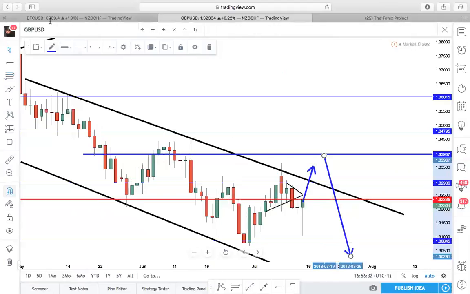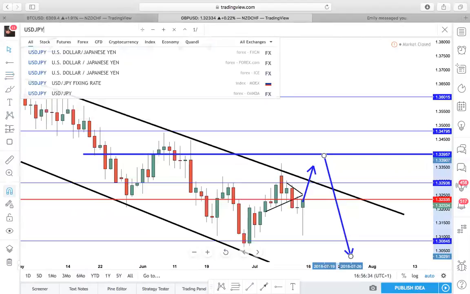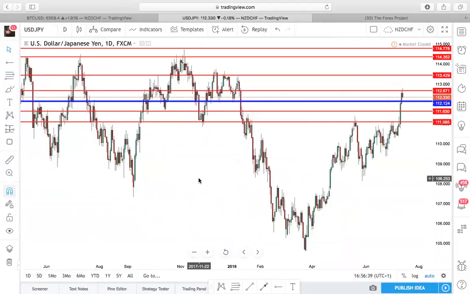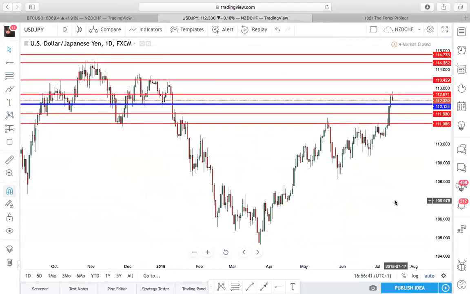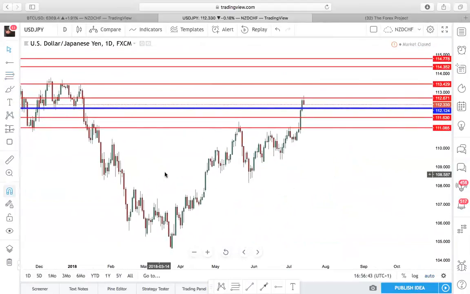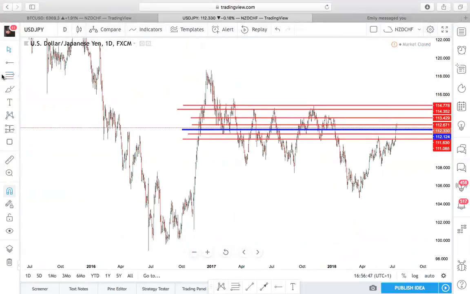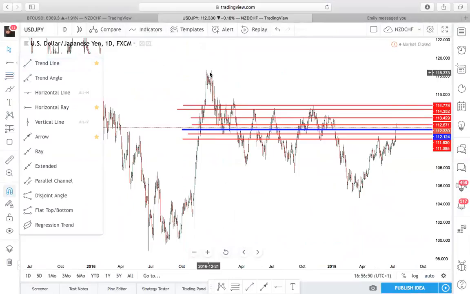USD yen. All right, this one's been tough. You see, we had that, or we still have it. I'm going to keep those levels in there.